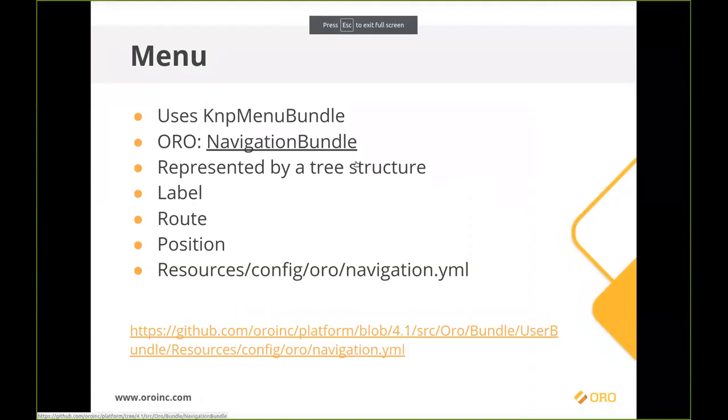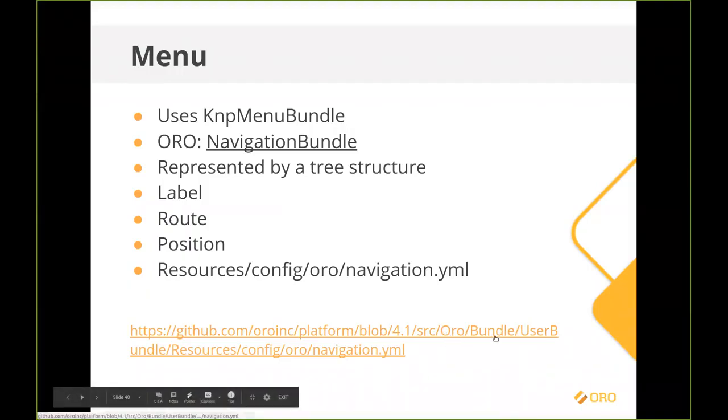Now we're going to talk about menu. So we use the KNP menu bundle, and on top of this, we have the navigation bundle from Oro. Menu is represented by a tree structure, and inside of this navigation YAML, we can define labels, routes, and the position.